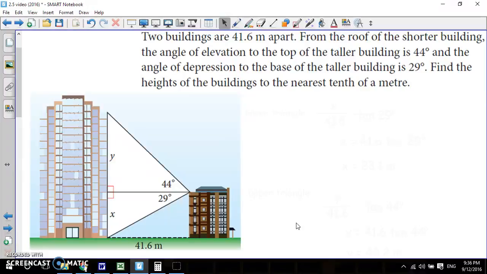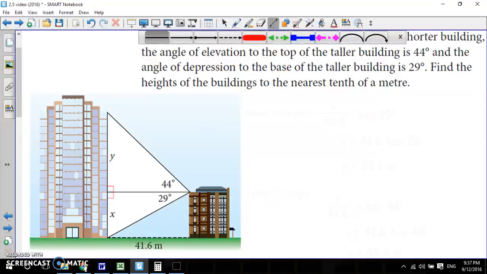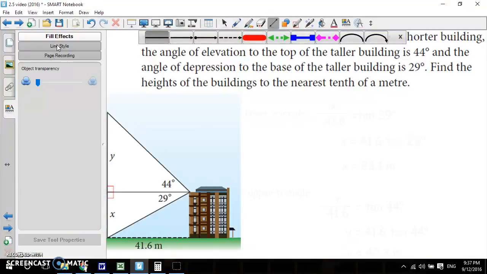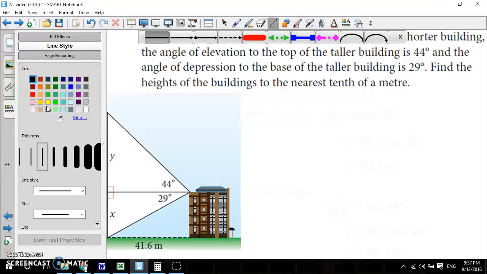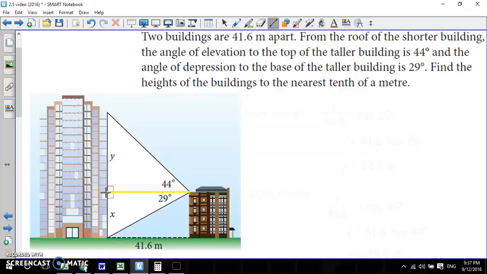So the diagram is given to us, but let's see why the 44-degree angle and 29-degree angle are located where they are shown in the diagram. So when we refer to the angle of elevation and depression, we should mark a horizontal level, which is highlighted in yellow here.